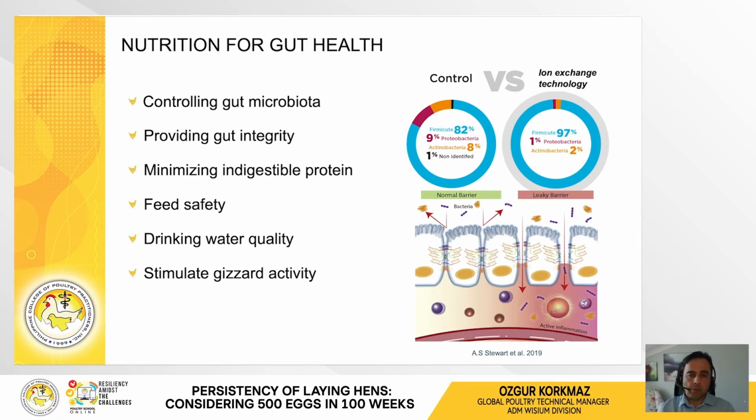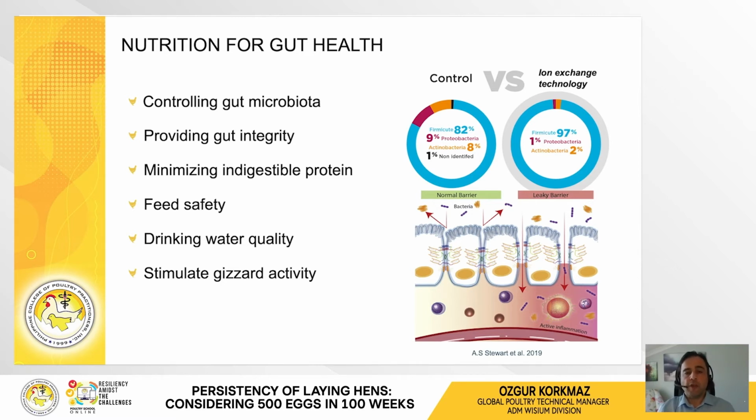Also, a nutritionist should provide good gut integrity, especially the integrity of tight junctions, which is a common topic among poultry nutritionists. If we can control the integrity of tight junctions in the intestinal structure, we can control and maximize digestion.